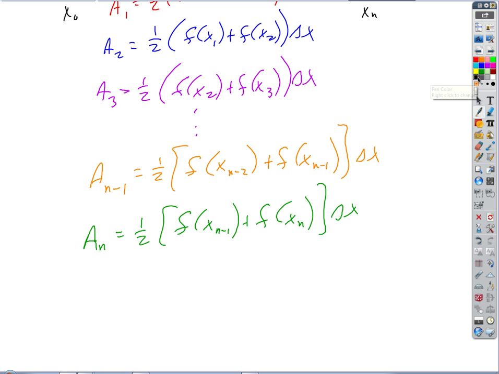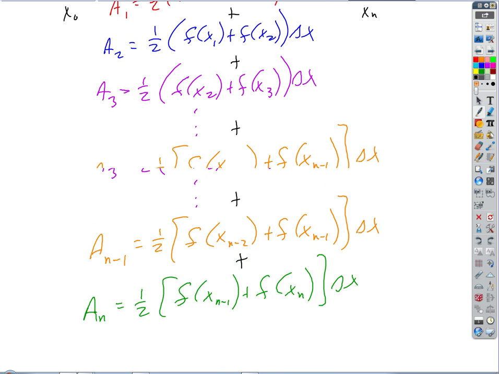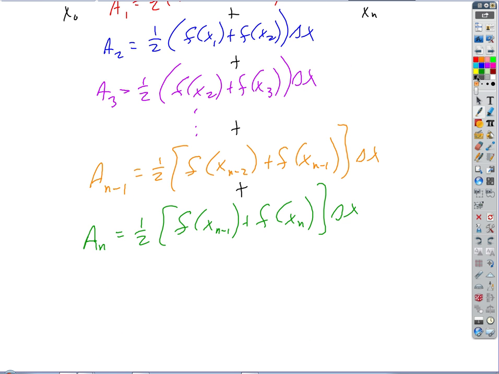Agreed? So we're just going to take that sum. If I think about that sum being written all out, is there anything we could factor out of each term? 1/2 delta x, right? So then if we do this, we're going to get A equals 1/2 delta x times just a bunch of stuff, right?